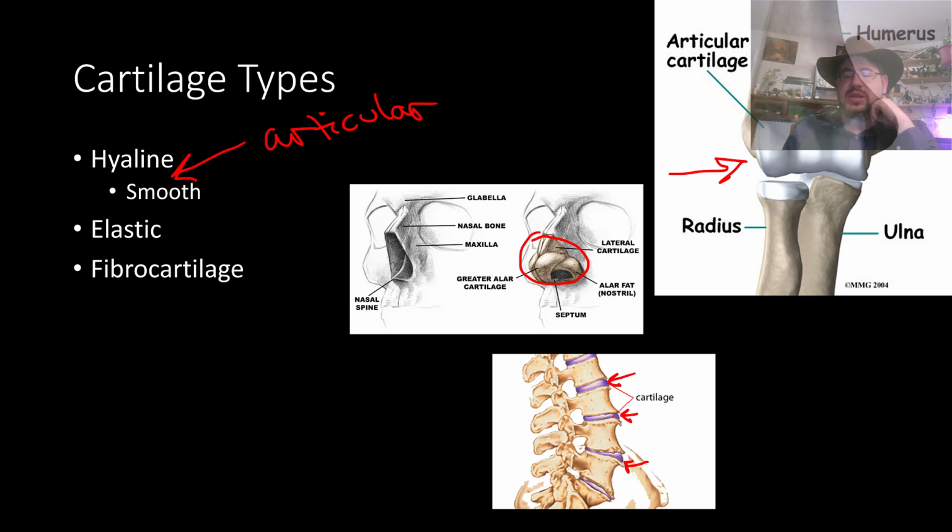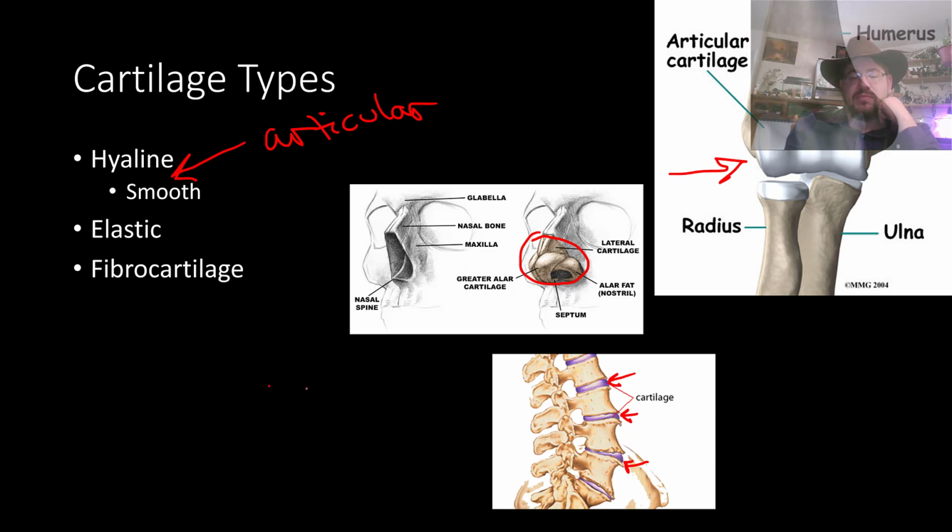So between each vertebra is a fibrocartilage disc, and that's there to prevent the bone from grinding against itself and wearing down. So those fibrocartilage discs are extremely strong, highly resistant to pressure, and really great.